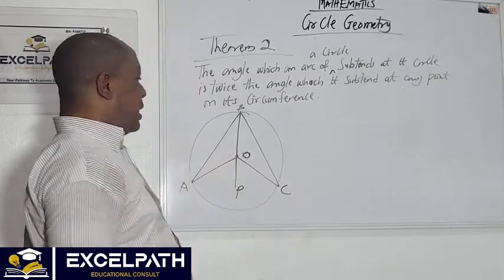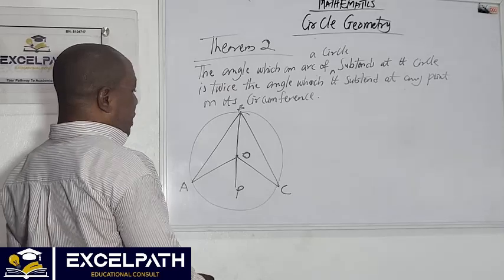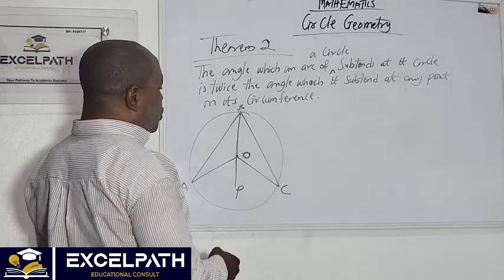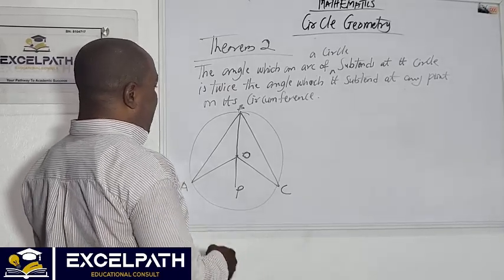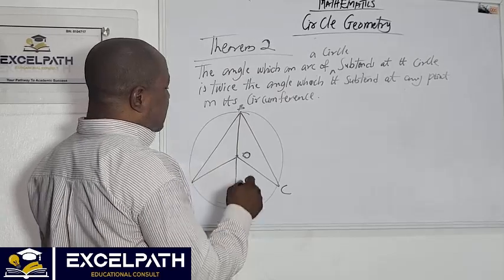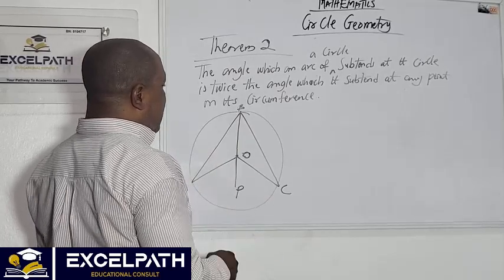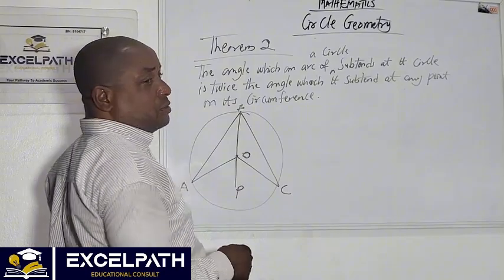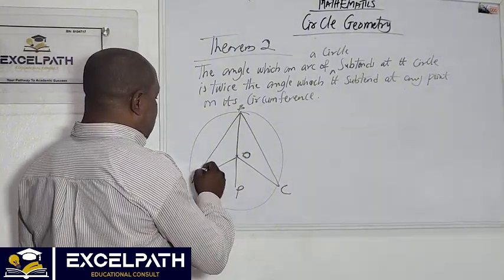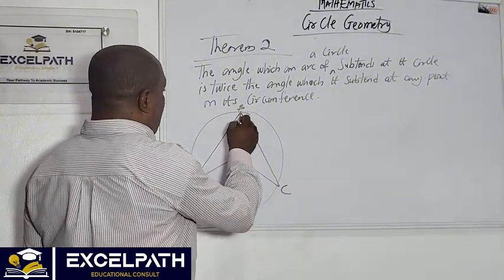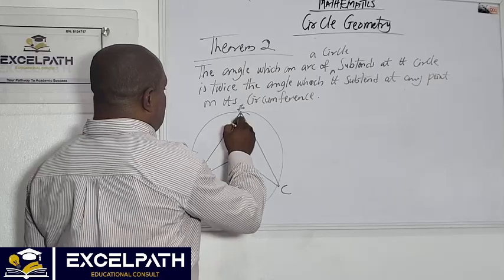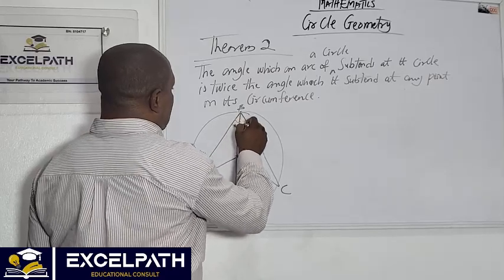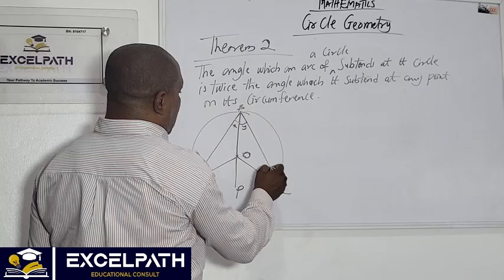Alright, this is the diagram we're going to be using. If you notice, we have two triangles there. We have triangles AOB and COB. These triangles are called isosceles triangles. That is, their base angles are equal. So if this is x, this will also be x. If this is y, this one will also be what?